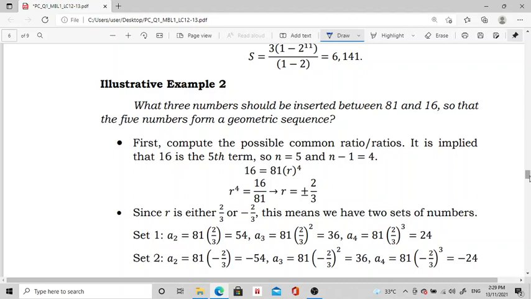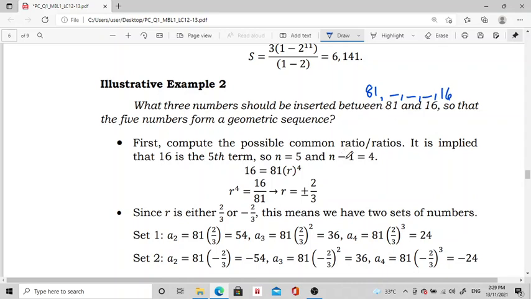So our approach here is we will let 16 be the 5th term, and then we will let 81 be our first term. It's like that because if we are going to insert 3 terms here, then para tayong may 5 numbers where 81 yung una, tapos si 16 yung panlima.